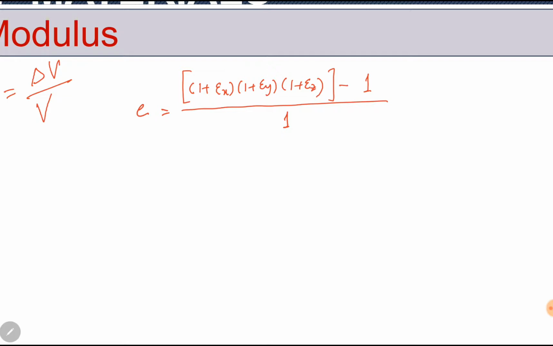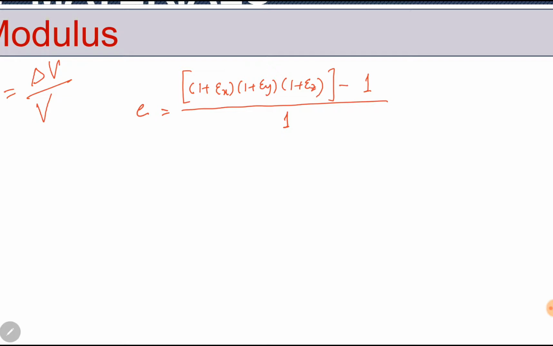If we simplify this expression and open the multiplication terms, there will be some terms involving products of epsilon x and epsilon y and epsilon z, and similarly epsilon x and epsilon z, and some products will be involving 3 strains.